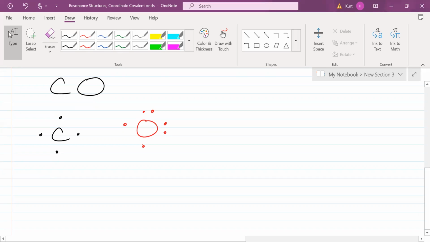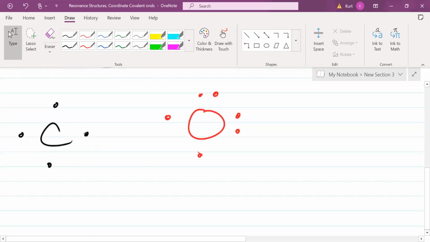Take one of those electrons from the 4 together and put it over on the carbon side. Just one, still from the oxygen. And erase them. There you go. So this gets 8. Yes, 8. Okay.